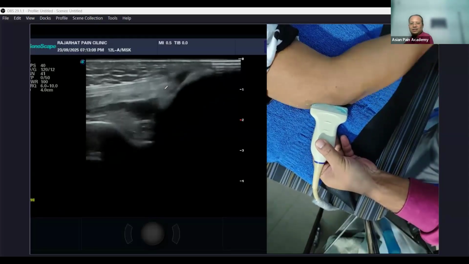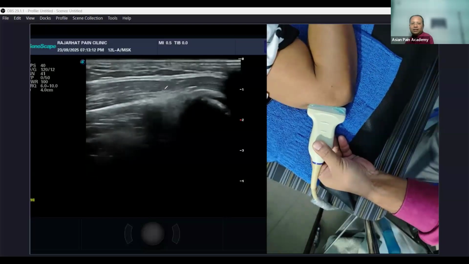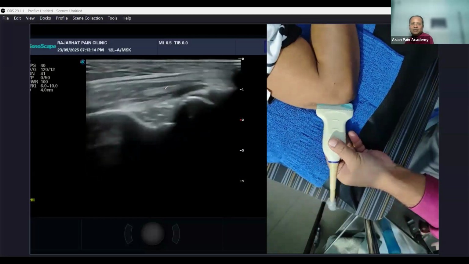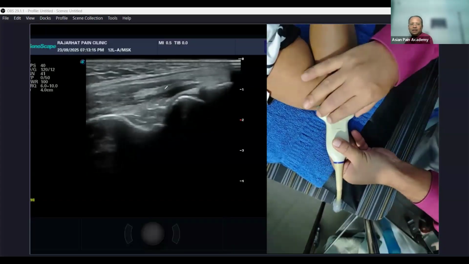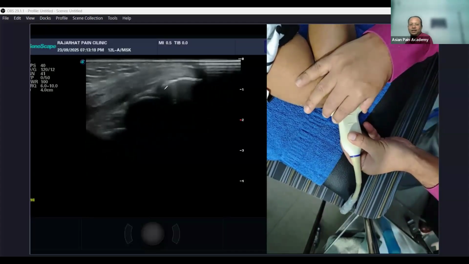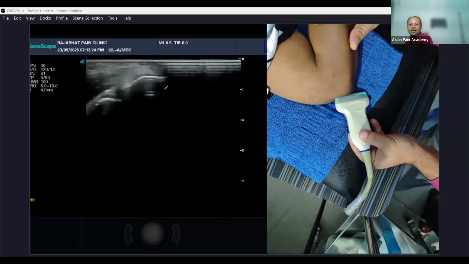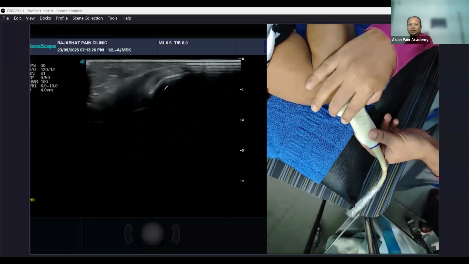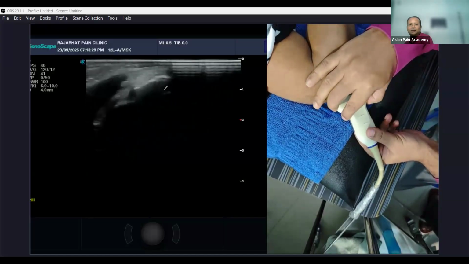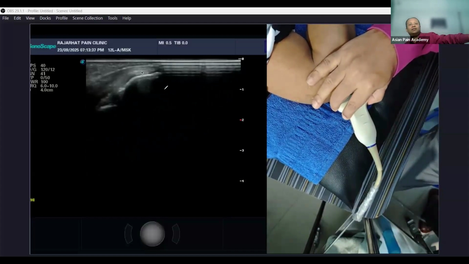Now, if I do extension, flexion, it goes out. Okay, and when I see the tendon, you can see the tendon up to its insertion. So the insertion is not at the tip, it is a bit below the tip. So you have to check up to this area to see any insertional tendinopathy. Okay, this is the area for any insertional tendinopathy.